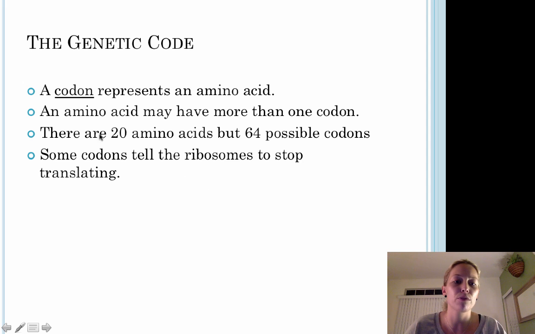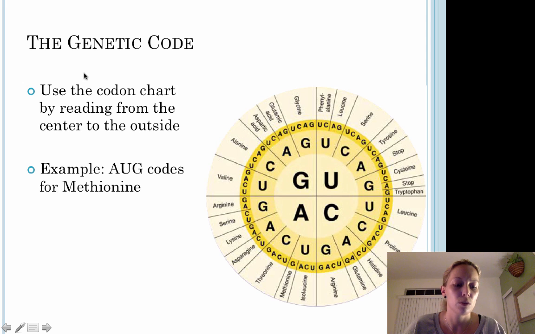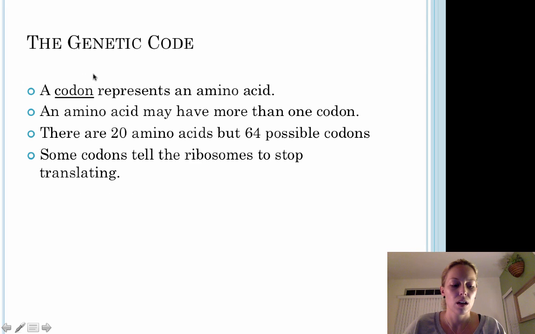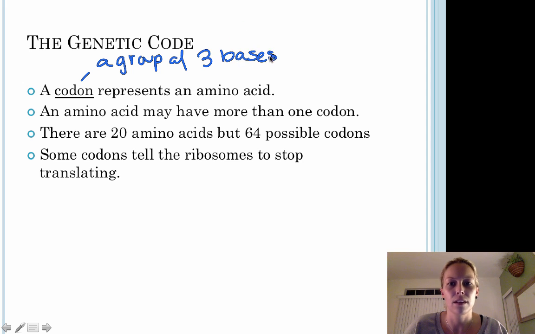A group of 3 bases is a codon, like A, U, G, for example. A codon is a group of 3 bases, and a codon represents or codes for an amino acid. That's why it's called a codon.